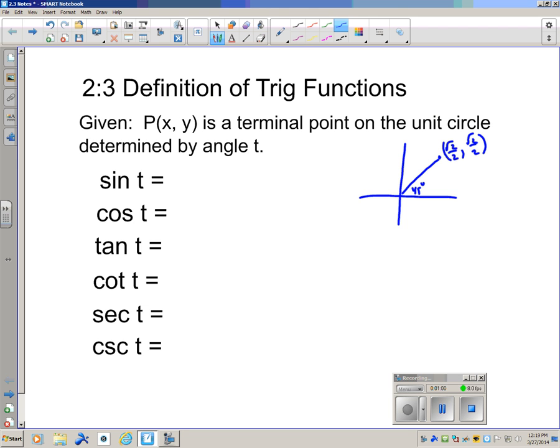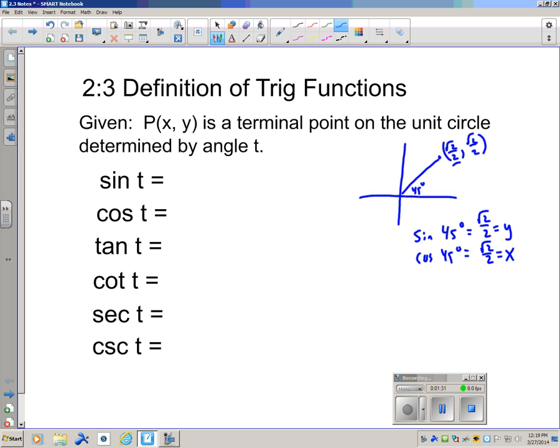So the sine of 45 degrees matches up with our y value on the unit circle. The sine of 45 is square root of 2 over 2 because it's our y value. And the cosine of 45 degrees is also equal to square root of 2 over 2 because that's our x value on the unit circle.